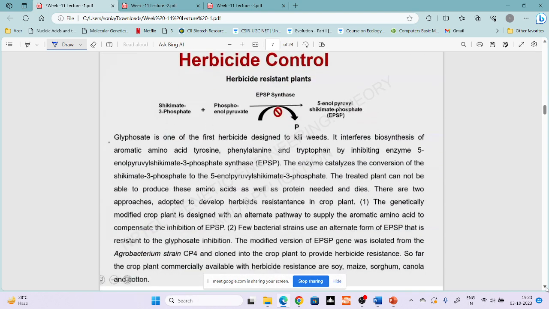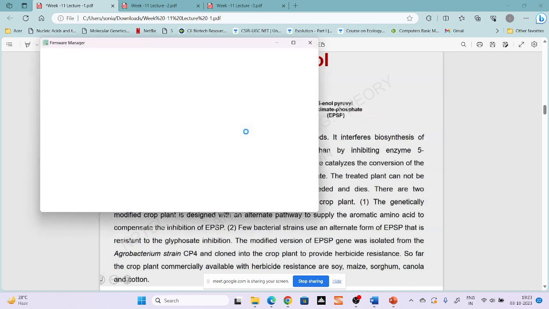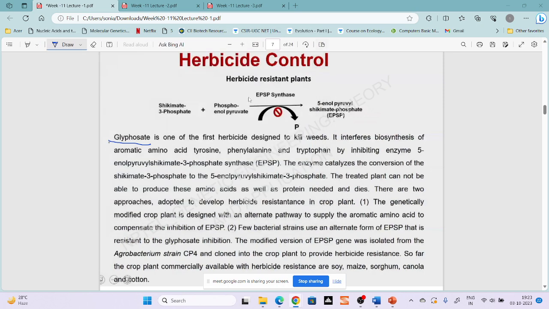So what they did was, there is glyphosate. Basically, glyphosate is the first herbicide which was designed to kill weeds. What it does is that it interferes with the biosynthetic pathway of the aromatic amino acids like phenylalanine, tyrosine, tryptophan.